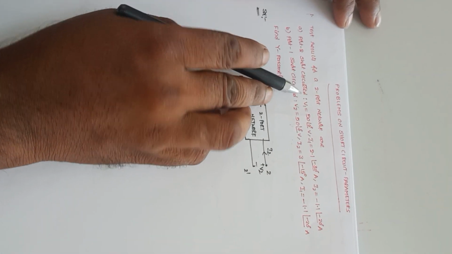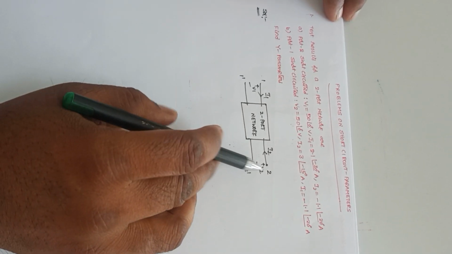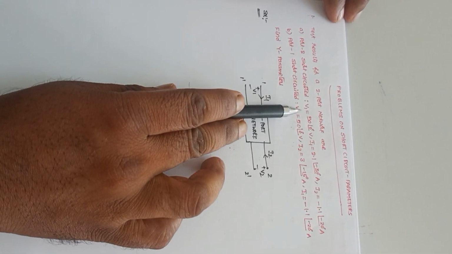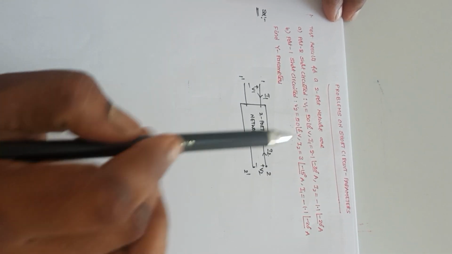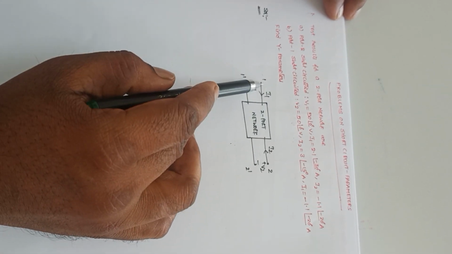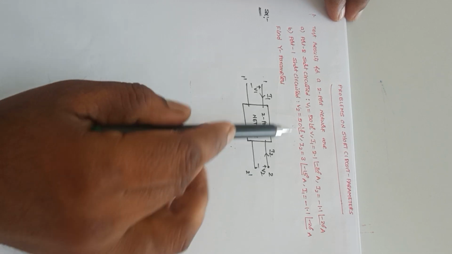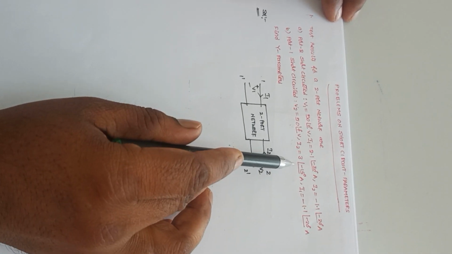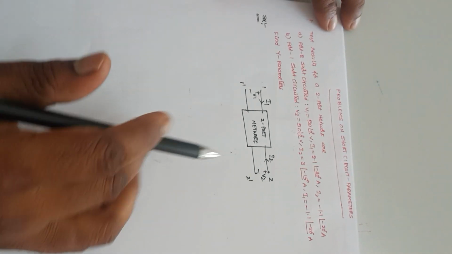If port 2 is short circuited, that means V2 is equal to 0. Then V1 value is this one, I1 value is this one, and I2 value is this one. If port 1 is short circuited, that means V1 is equal to 0. V2 is equal to this much, I2 is equal to this one, I1 is equal to this one. I need to find the Y parameters.